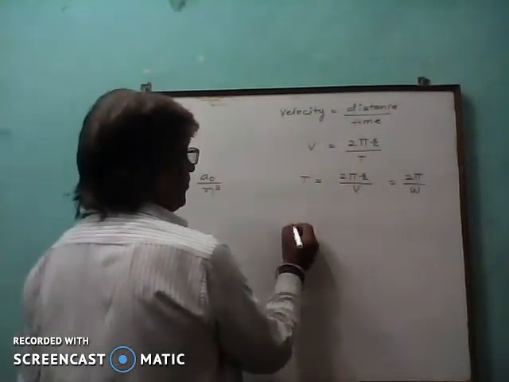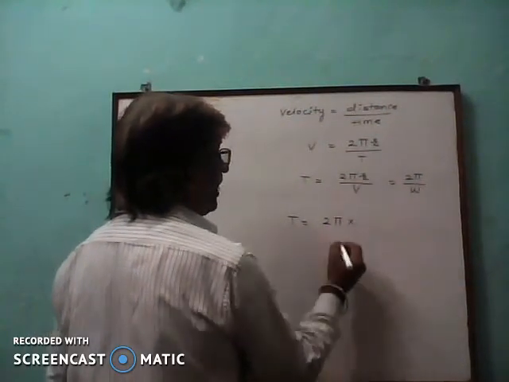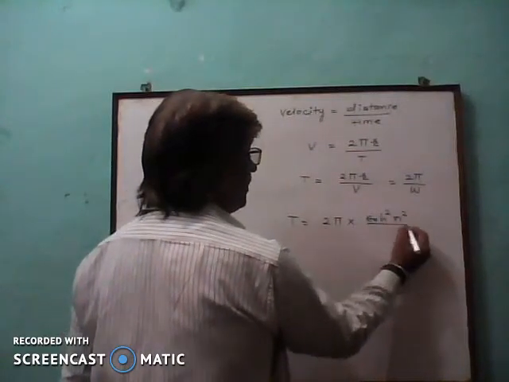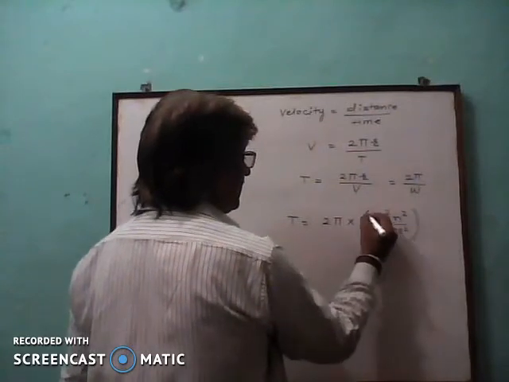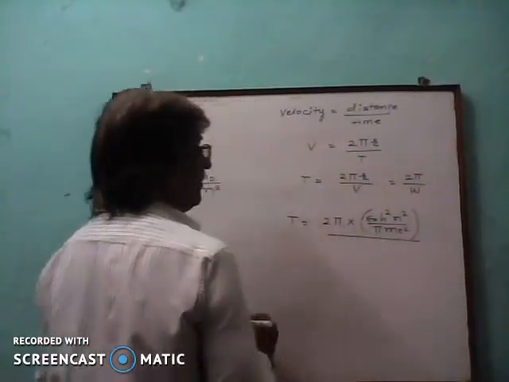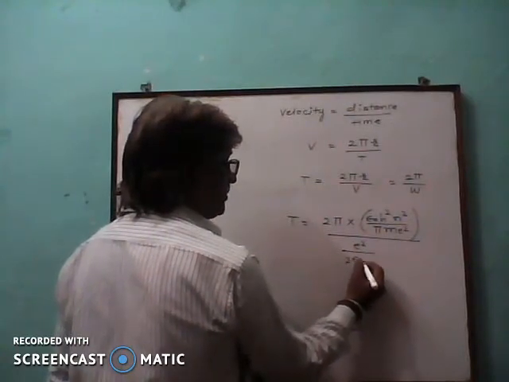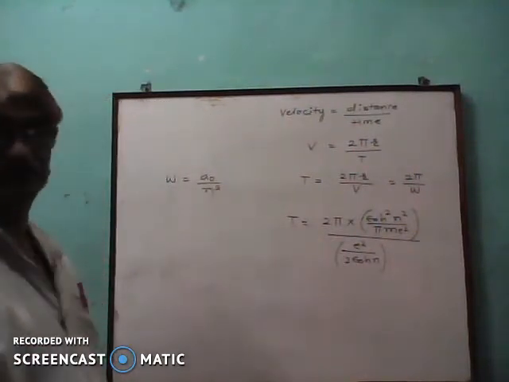So time period is equal to 2 pi multiplied by r, epsilon 0 h square n square upon pi m e square, that is the value of r, upon e square upon 2 epsilon 0 h n, that is the value of v.